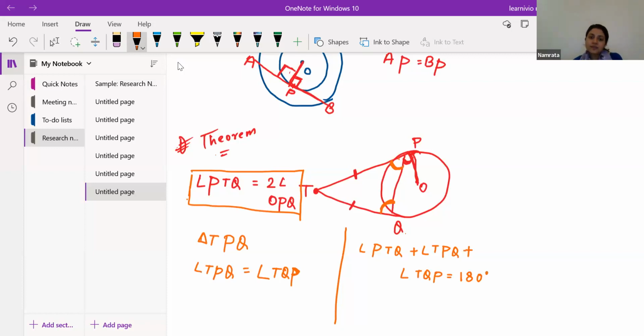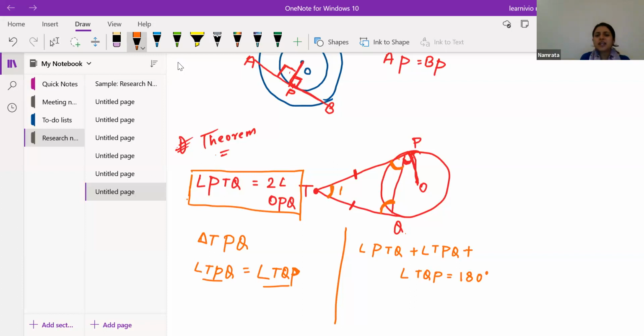Yes, ma'am. Here these two angles, TPQ and TQP, are already the same. And if I call this angle T, let's take it as theta.